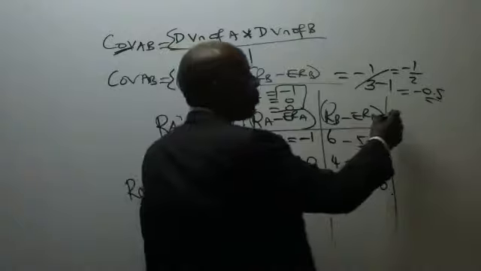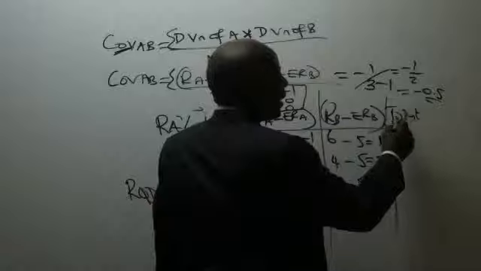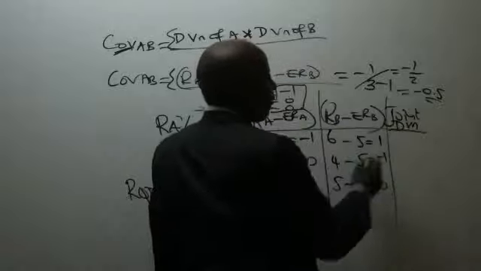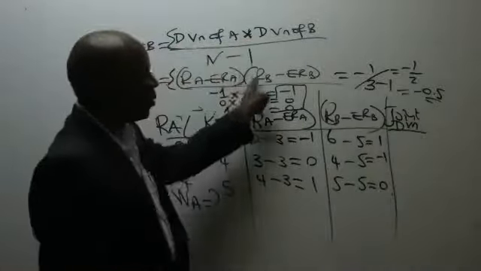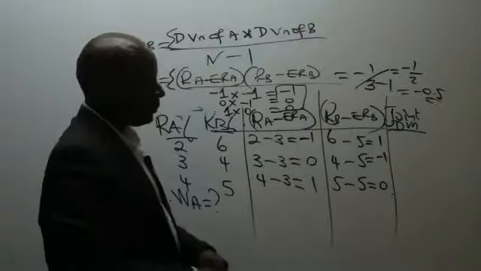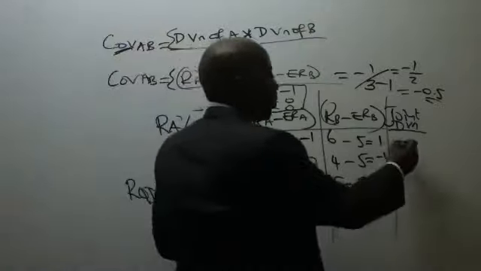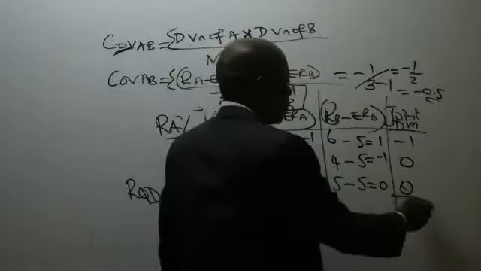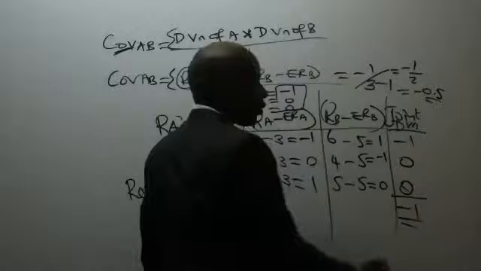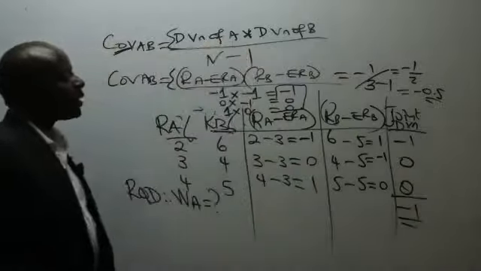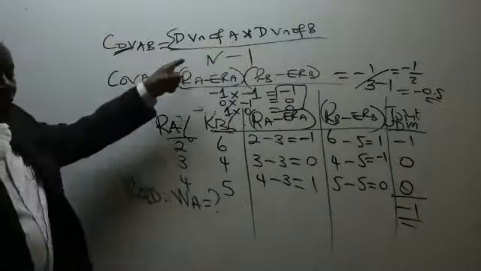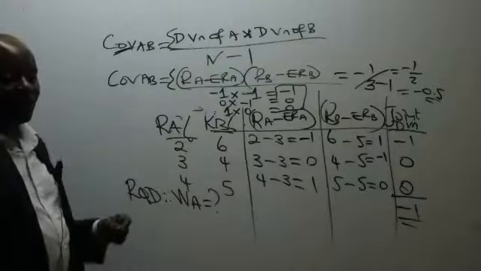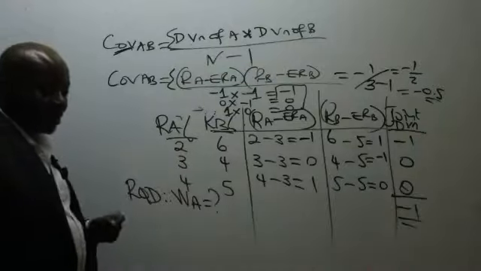What I've done here is to get the joint deviation for my numerator. Joint means you're multiplying them. This is what I did to get -1. This one here gave me 0. This one here gave me 0. So when I added here, I got -1 like that. Let me know whether I can rub this very fast. Yes, thank you very much.